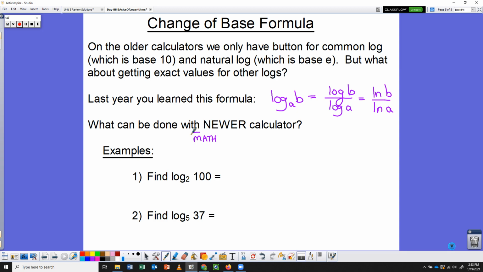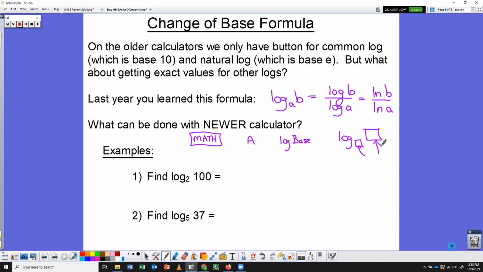If you go all the way down to choice A, it'll say log base. Now, when you choose that, it'll show log, and there'll be a little box down here, and then a bigger box up here, so you could fill in whatever you want for a base and whatever you want for the answer behind it. But if you don't have the newer calculators, you won't have that.